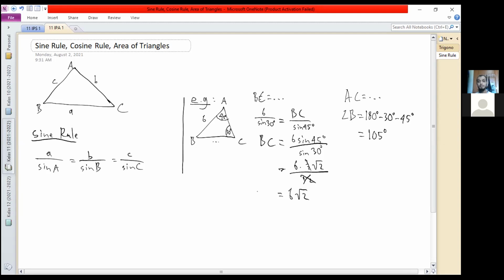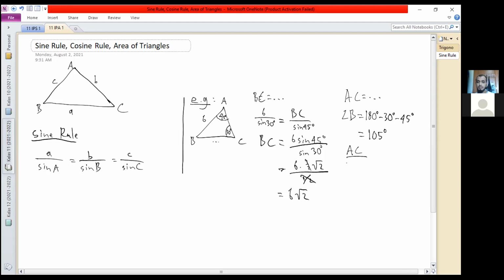So yeah, in this case, the length AC can be found by using, again, the sine rule.